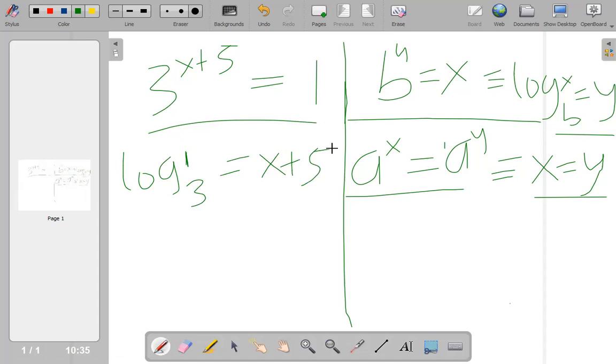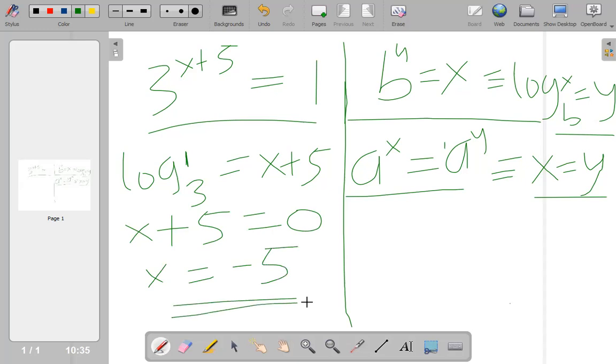We already know from one of our laws of logs that log 1 is 0 despite the base. So x plus 5 is equal to 0, which is a linear equation that is easy to solve. Therefore x is equal to -5, and that is your solution.